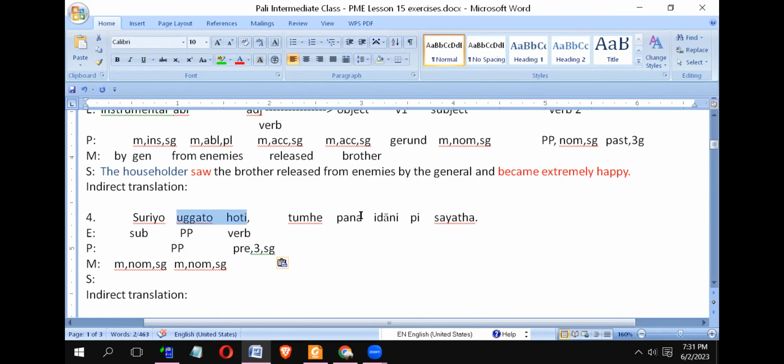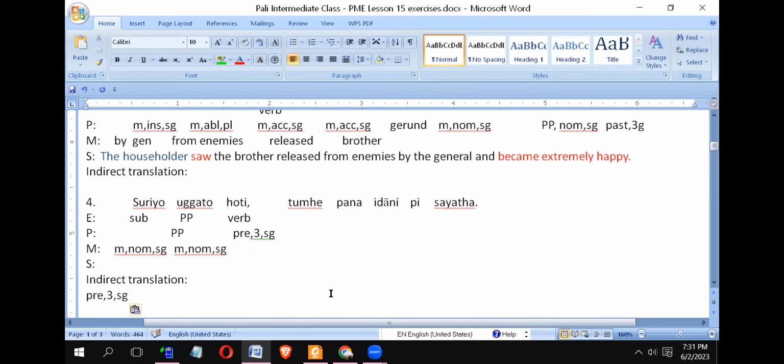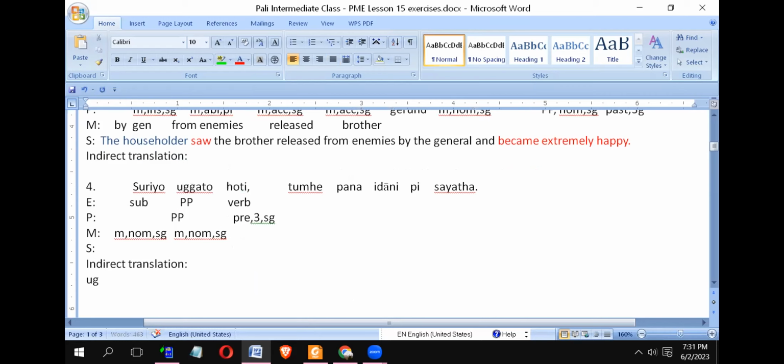You cannot put hoti as has. So what you do is directly translate the two together: ugato hoti, has arisen. Then you just put the meaning.